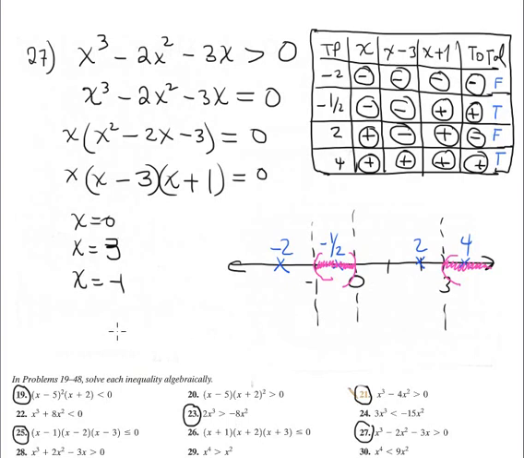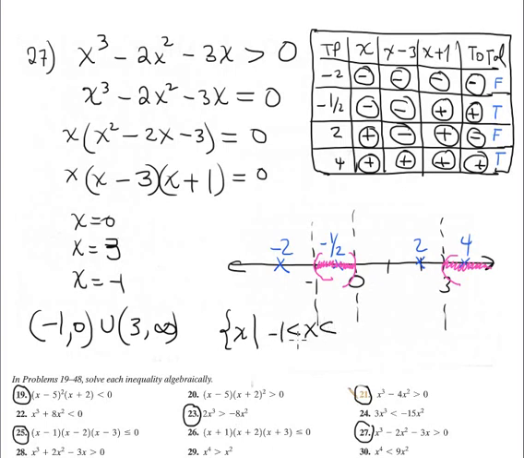Now the solution is the interval from negative 1 to 0, union 3 to infinity. This is equivalent to x such that x is in between negative 1 and 0, or x is greater than 3.